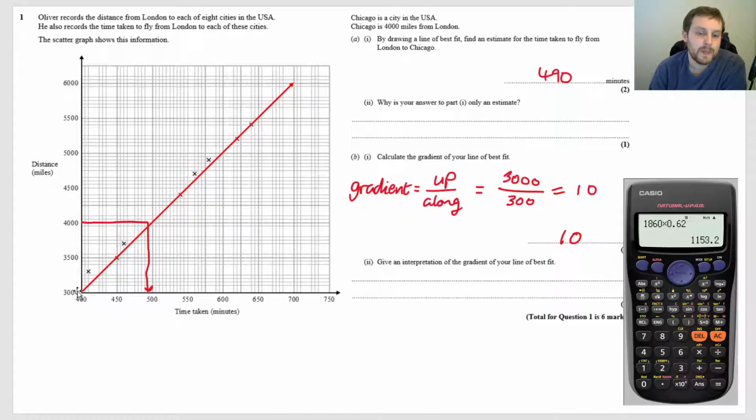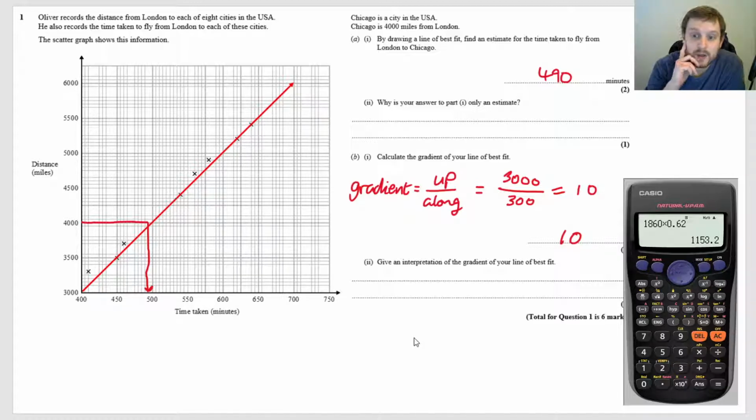For example, if it's time along the bottom, this is like saying miles per hour, right? A gradient is a bit like a speed, okay? A bit like how fast are you going. Anyway, maybe the less said on that, the better, because I don't want to confuse people.